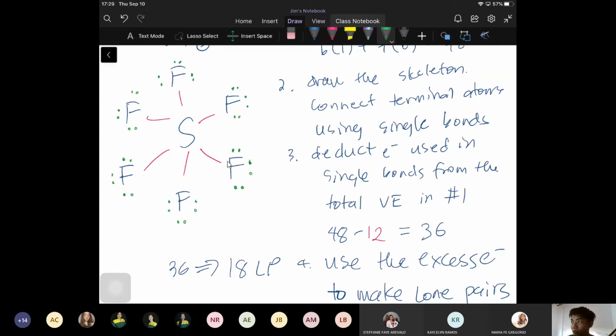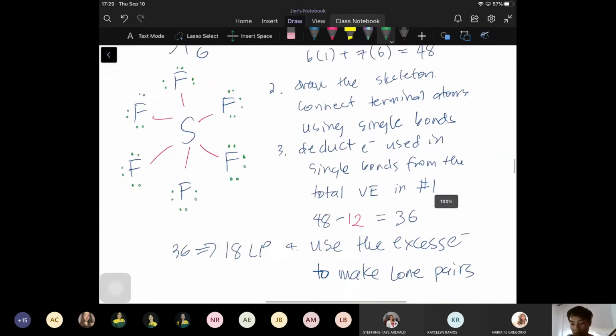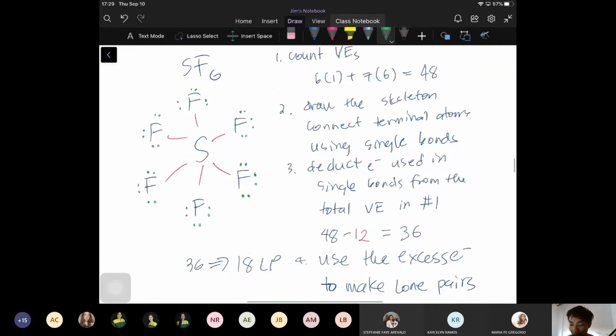Okay. So, nagamit ba natin yung 18 lone pairs? Let's check. So, this is 3, 6, 9, 12, 15, 18. So, we use all the 18 lone pairs na. So, that means, tapos na yung structure natin. Ganyan na yan. No more NASO rule. So, ayan yung structure ng SF6.